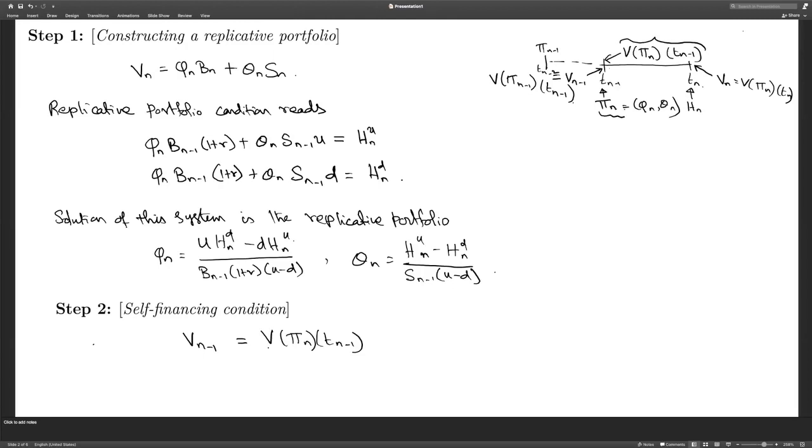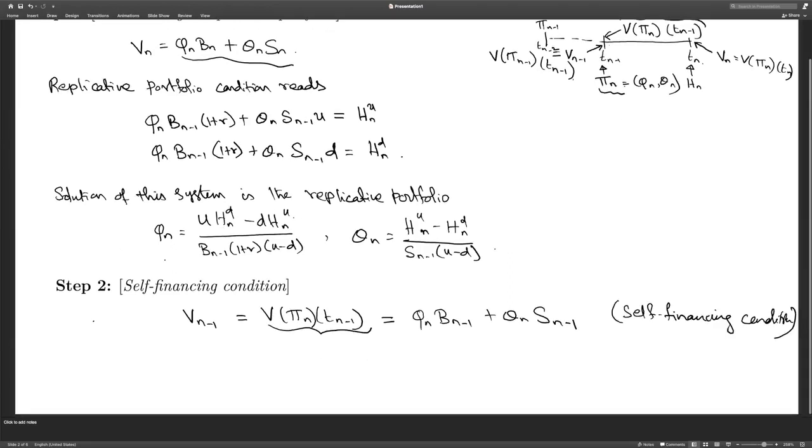But what is V pi n at Tn minus 1? That is equal to the same thing, but the price is at Tn minus 1. Therefore, it is phi n Bn minus 1 plus theta n Sn minus 1, right? So that is the self-finance condition.